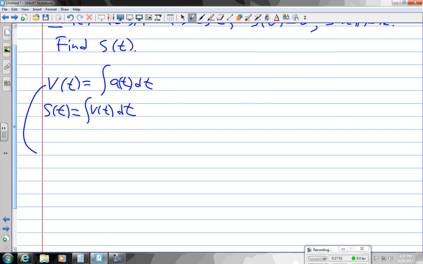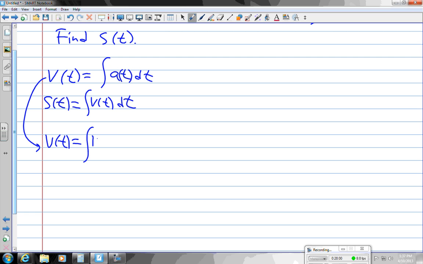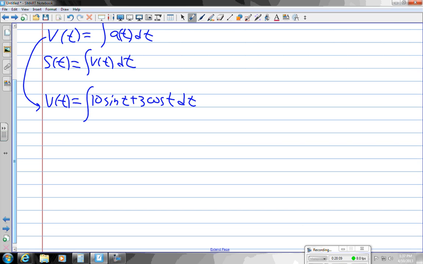So first, finding velocity. Velocity is the integral of acceleration, which is 10 sine t plus 3 cosine t dt. So that gives us -10 cosine t plus 3 sine t plus a constant.